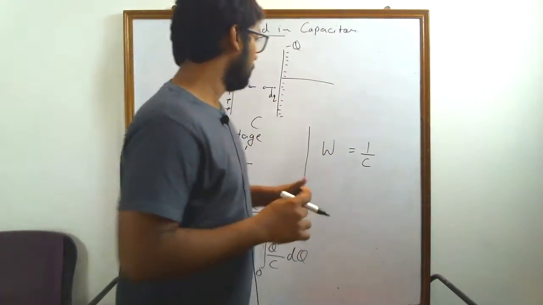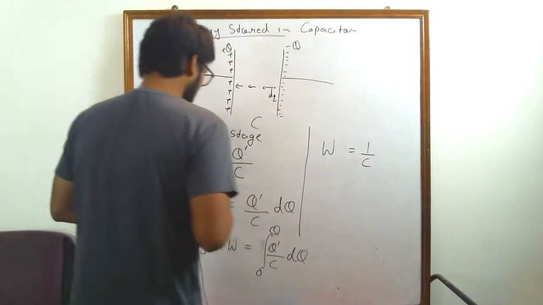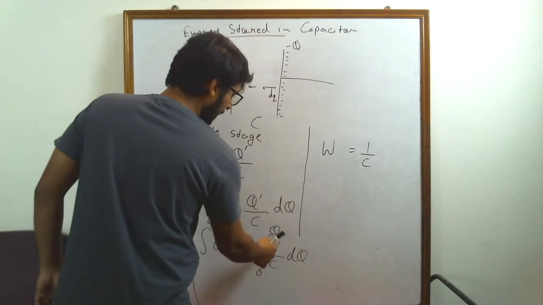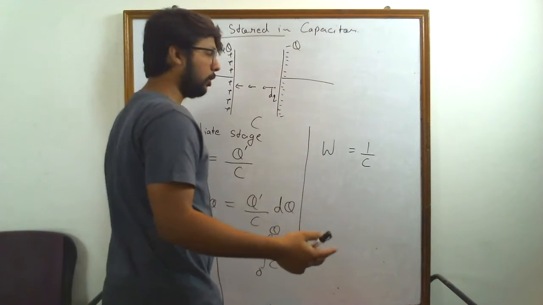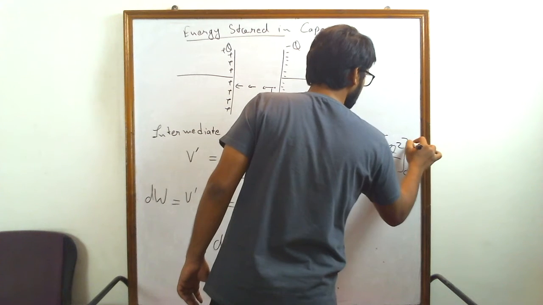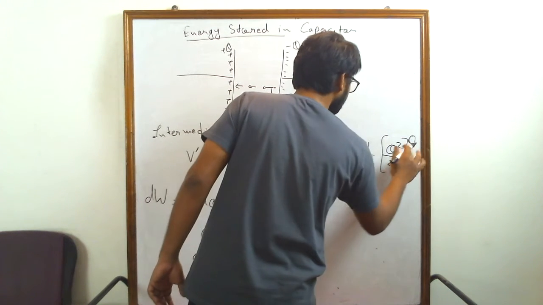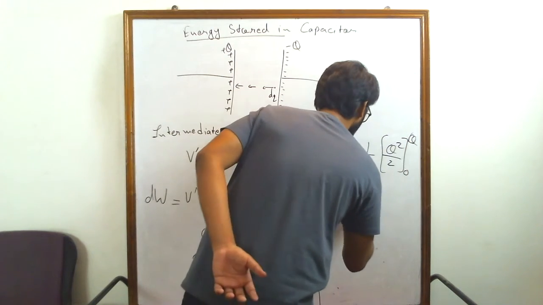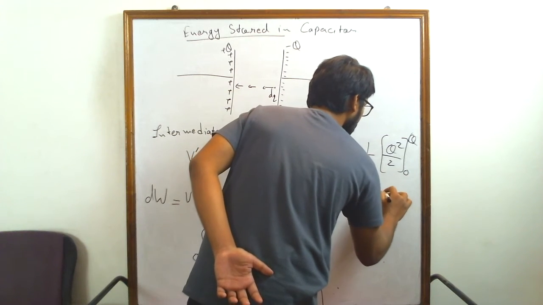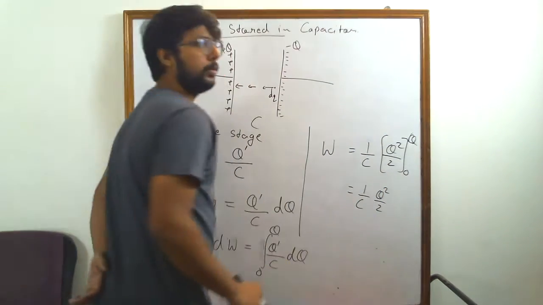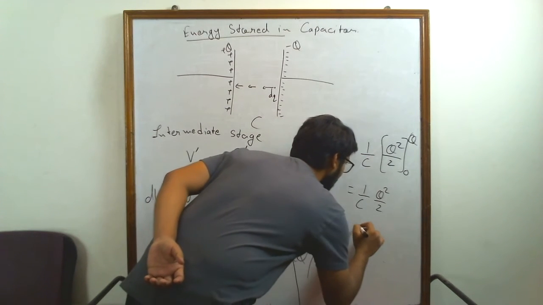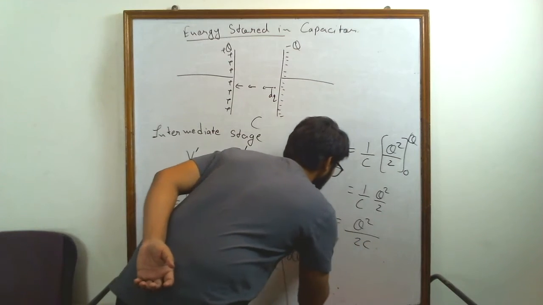So W is equal to 1 upon C into, now Q dash dq integration will be essentially Q square upon 2 to the limit 0 to Q, which will give me 1 upon C Q square upon 2. So this gives me my W, or the total work done, as equal to Q square by 2C.